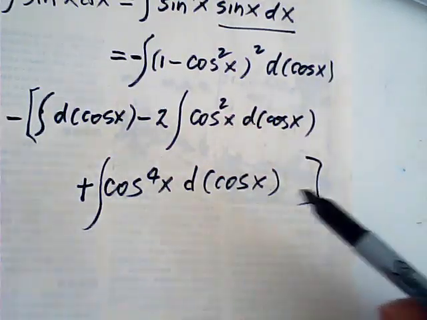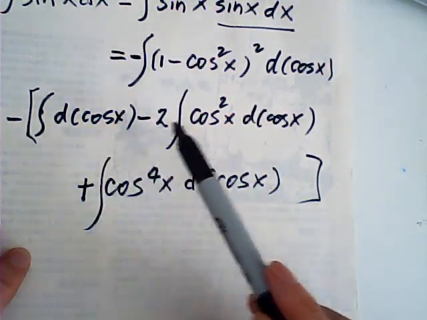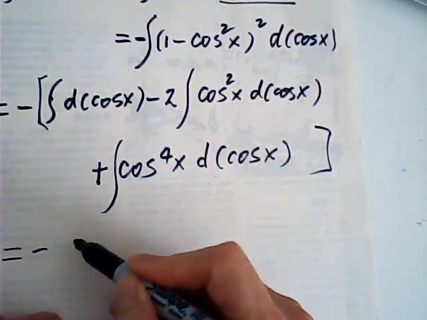Well, everything done. You expand this one into 1 minus 2 cosine square plus cosine 4th. Yes, that's done. Okay, then this is equal to negative.